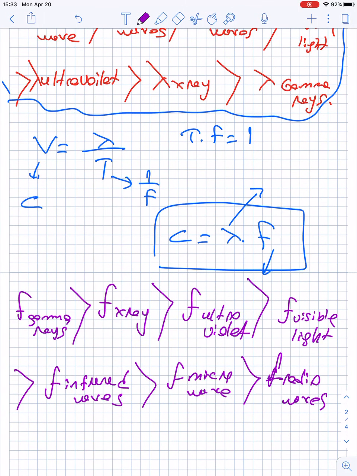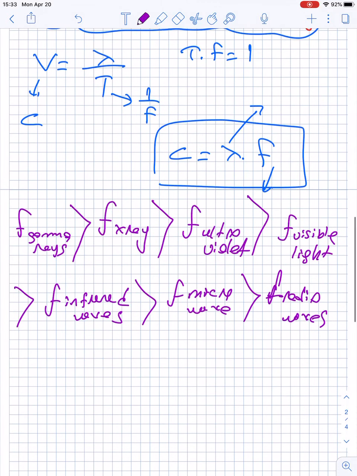Okay, if we check this electromagnetic spectrum, gamma rays frequency is highest.